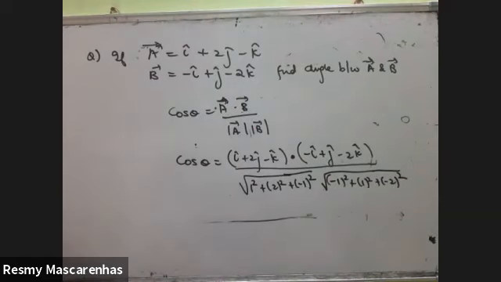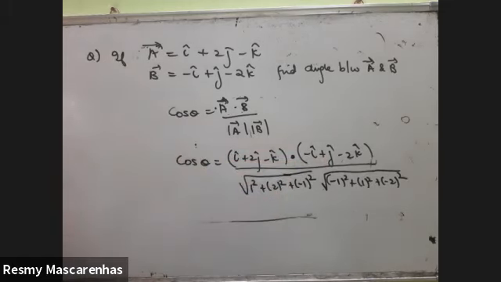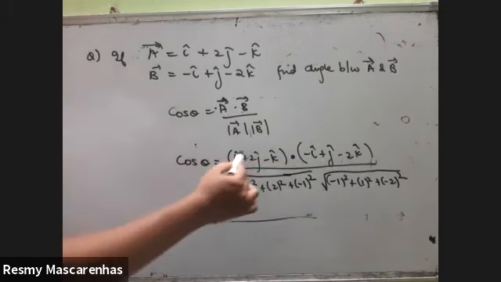Anyone having doubt with the substitutions, you can ask. Just now I taught you all how to find a dot product between any two vectors when you don't know the angle. Between the two vectors, there's one dot. So whenever there's a dot, I told you always multiply i to i, j to j, k to k.